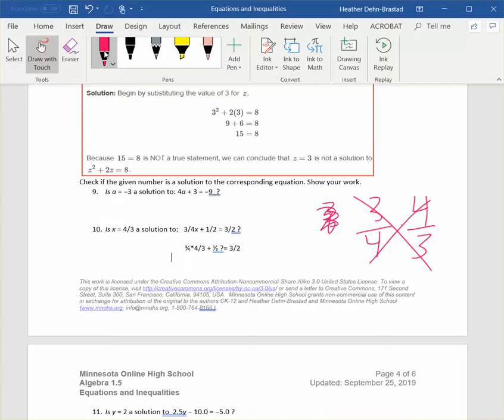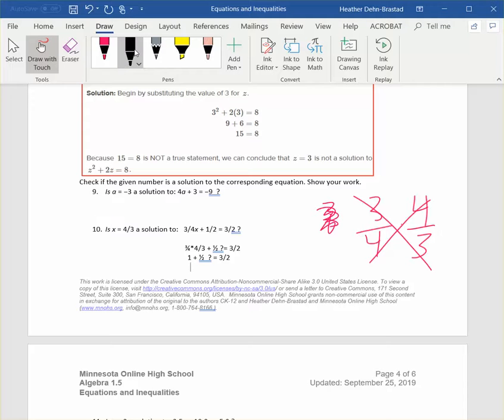So this is all equal to 1 plus, then I have 1/2. 1 plus 1/2. And the question was, is that equal to 3/2? You might know the answer for this already. 1 plus 1/2 is 1 1/2. And another way to write 3/2 would be 1 1/2. These are going to be equal.